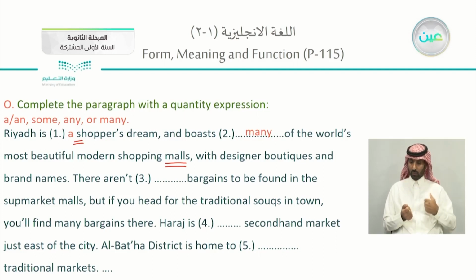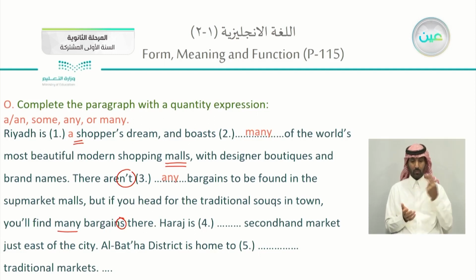There aren't, notice the negative, what can I use? There aren't bargains to be found in the supermarket malls. Any, so I will use any bargains. But if you head for the traditional souks in town, you will find many bargains. Notice that we have used many because this one is a count noun.